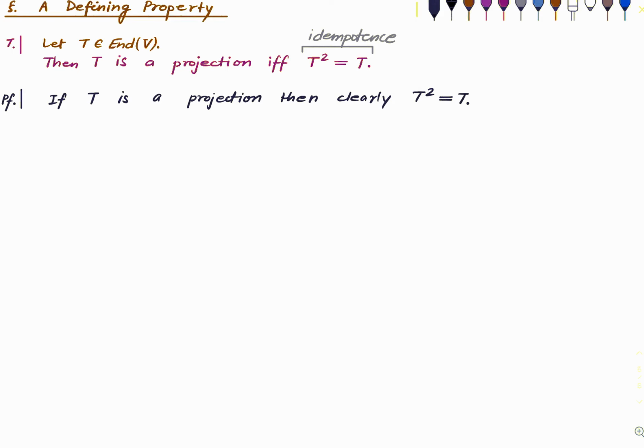So assume this is the case. We want to show that T is a projection. So we need to find a decomposition and show that T is the projection with respect to that decomposition. And if you believe this theorem, then clearly, if T is a projection, what is its image going to be?